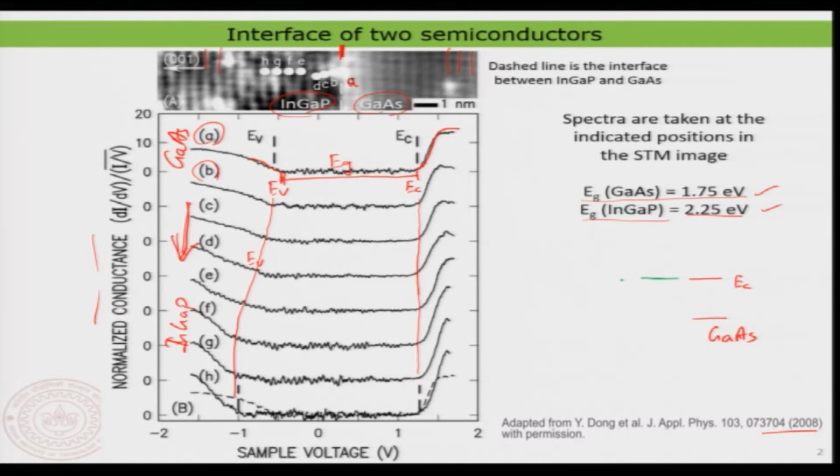So, they are not shifting with respect to each other. But for the valence band, you see that there is a clear change, and that grows almost like this.